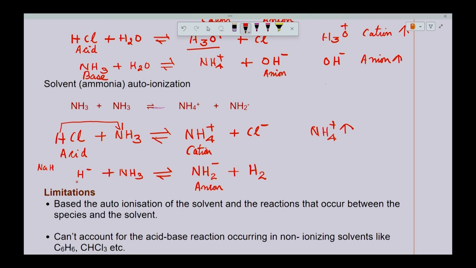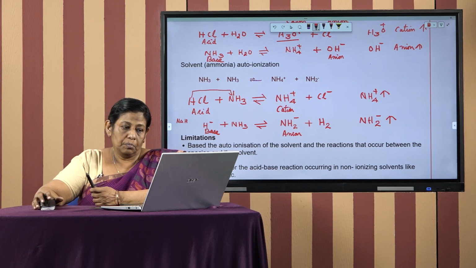So, any metallic hydride can be considered a base, because adding metallic or ionic hydrides to ammonia increases the concentration of NH2 minus, which is the anion of the solvent, and therefore that is a base.